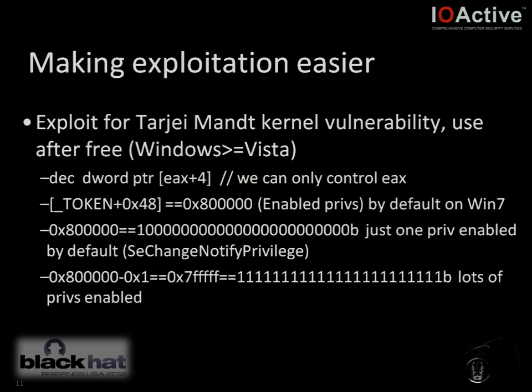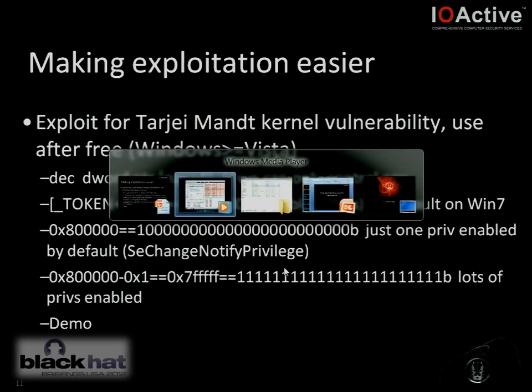So you can see here that a really difficult to exploit vulnerability becomes really simple. Just find our primary token from the exploit process, go to the offset of the token where the enabled privileges are, and get that value decremented, and instantly you get a lot of privileges enabled. Pretty easy. We can see the exploit in action.